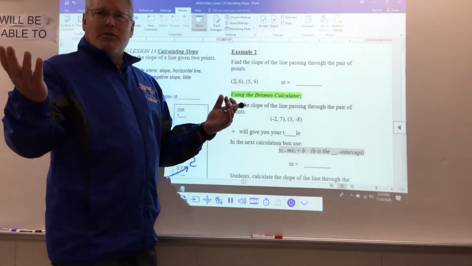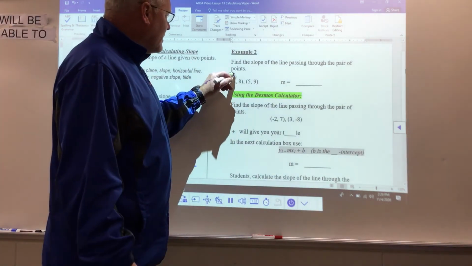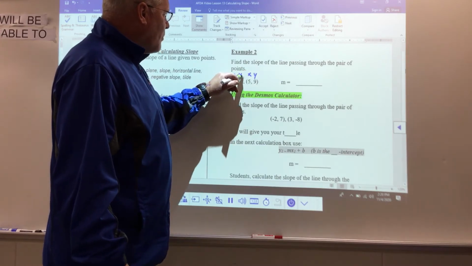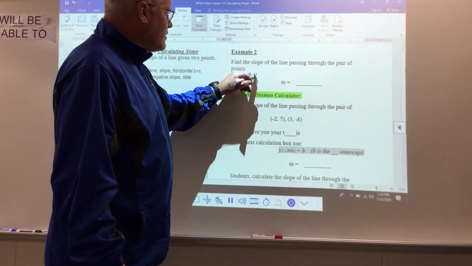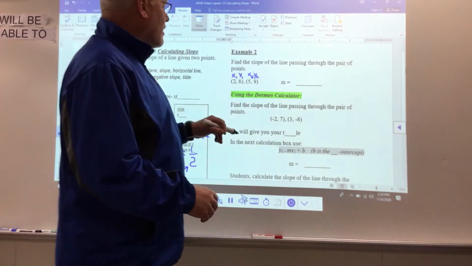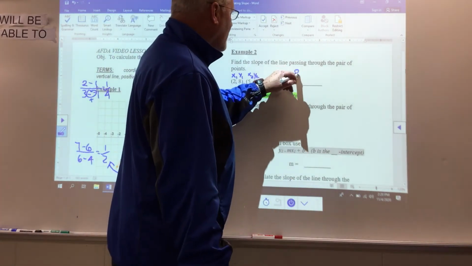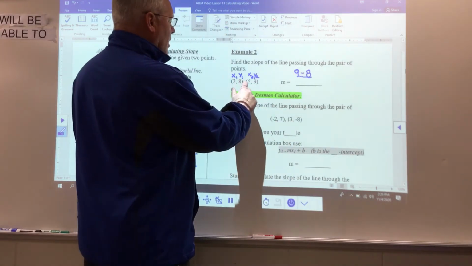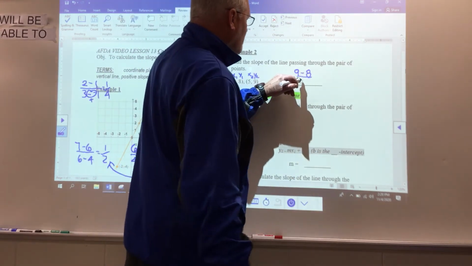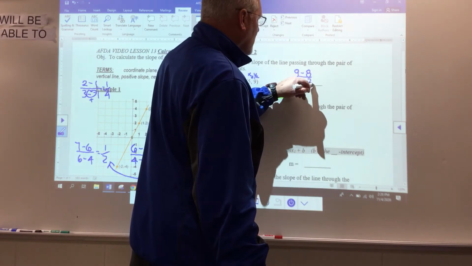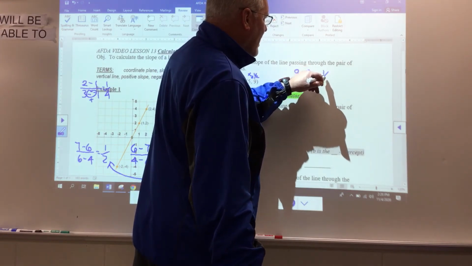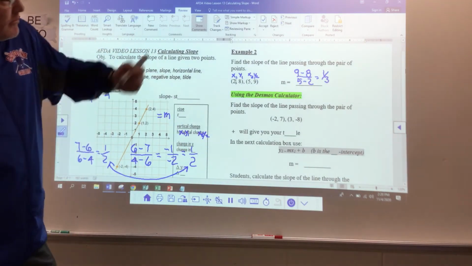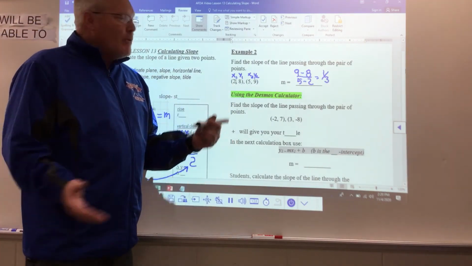Again, if you were using the slope formula, you might attack it this way, go x and y, maybe call this one point 1, and this one point 2, and then you're going to do 9 minus 8 all over top of 5 minus 2. And you might say the slope of that line is 1/3.